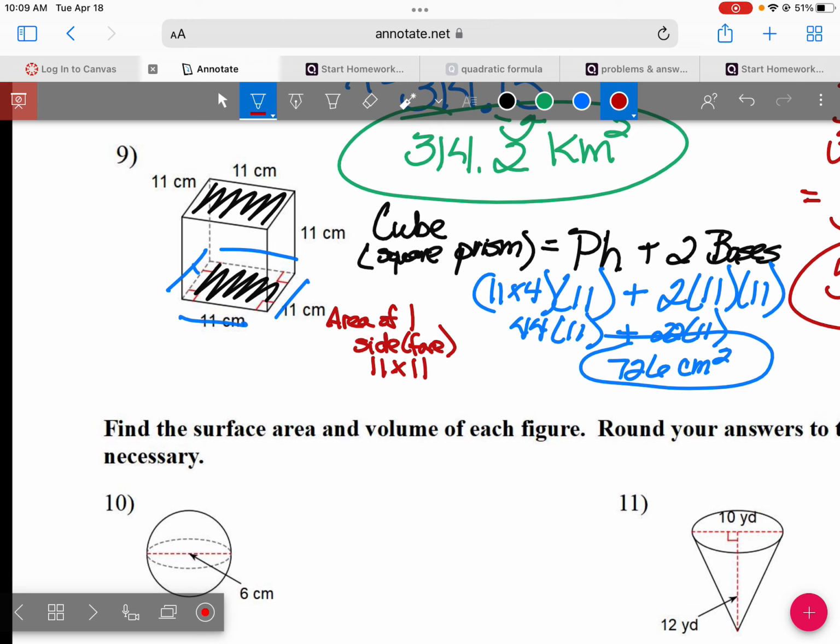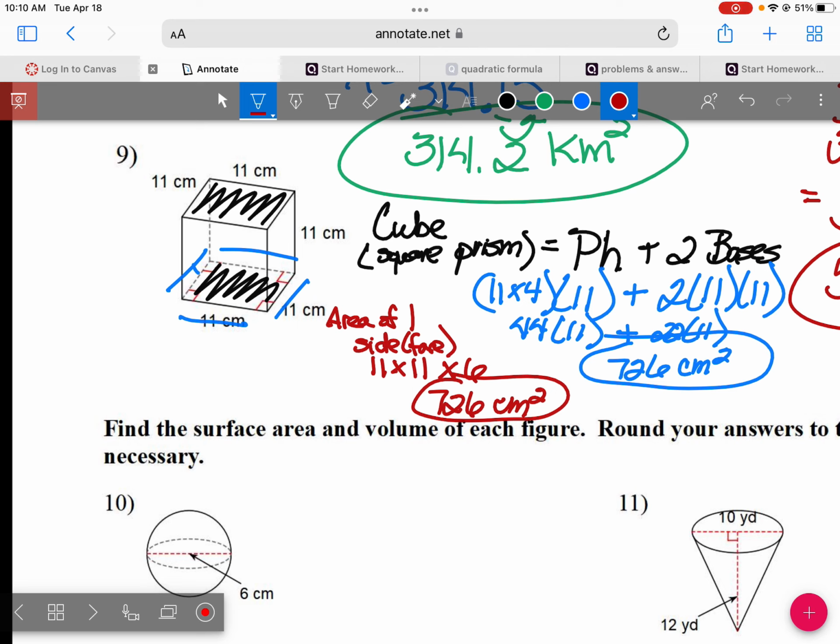When you think of a cube, how many different faces does it have? How many faces do I have around the cube? 4. 4 plus the two bases is 6. So if I take the area of one and multiply it by 6, you still are going to get 726 centimeters squared.